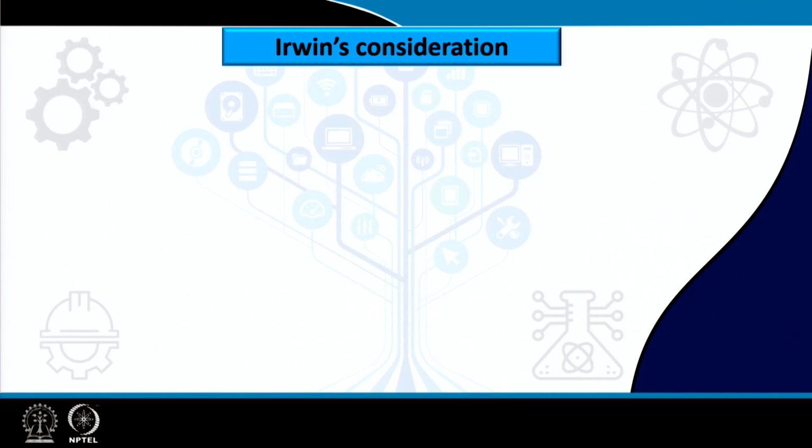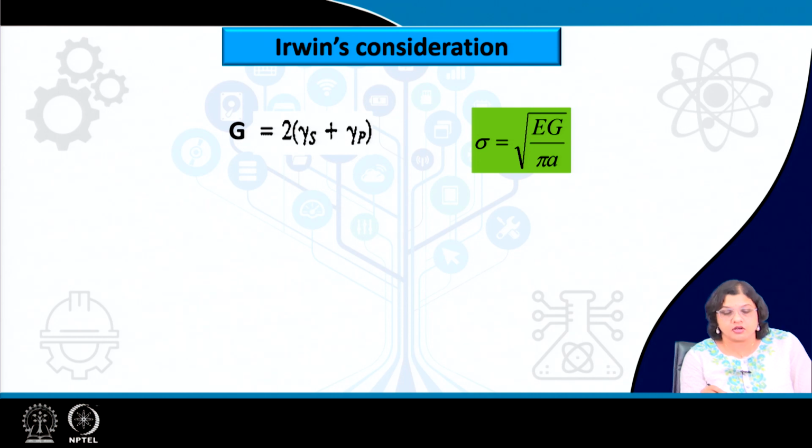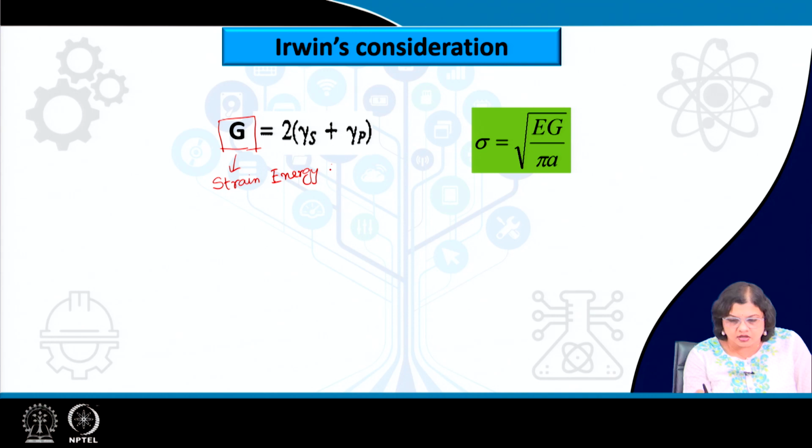And here comes Irwin's consideration. So, what it says is something like this. There is a new factor which he has introduced, known as G, also known as the strain energy release rate.